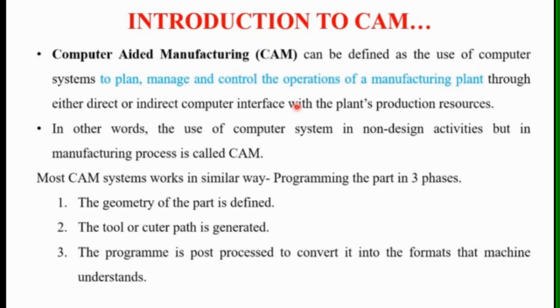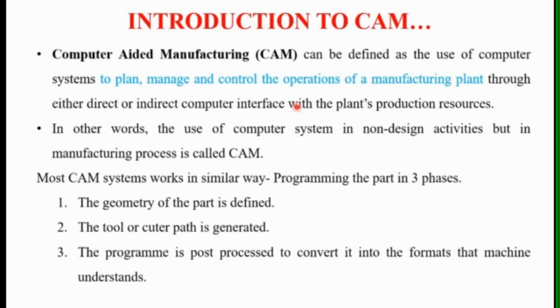Based on this definition, we need three components for a CAM system to function. First, software that tells a machine how to make a product by generating the tool paths. This is the use of computer aided manufacturing software which helps to define the computer tool paths.